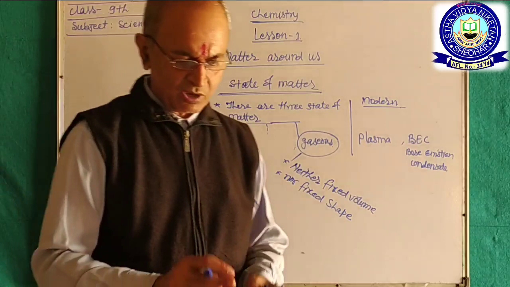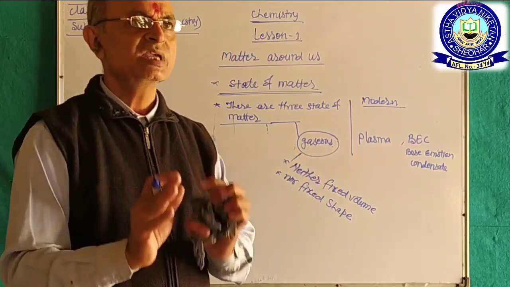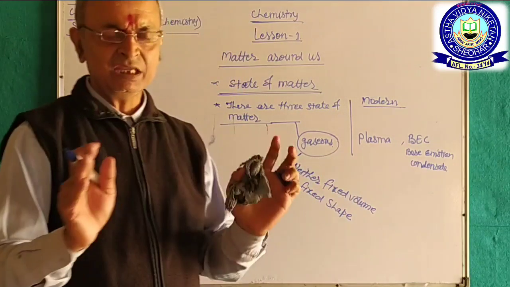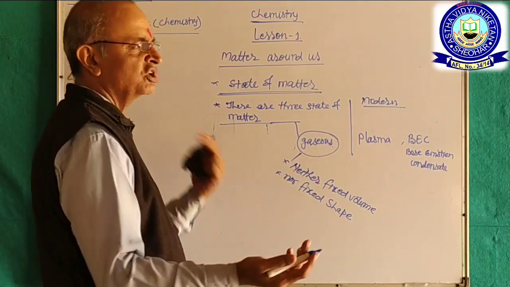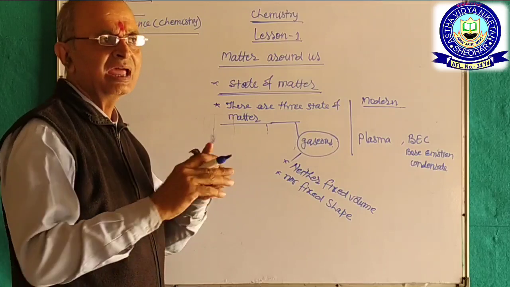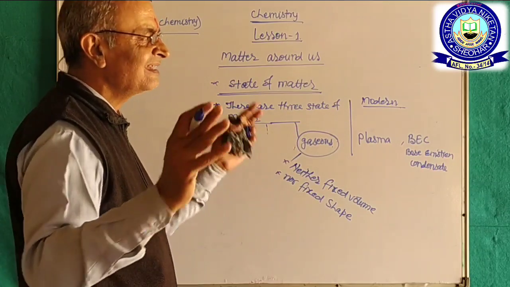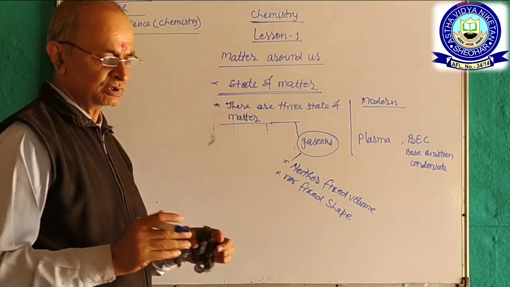Gases have neither fixed shape nor any fixed volume. And if shape is not fixed, no boundaries are there. They can occupy a lot of the space in which they are kept.